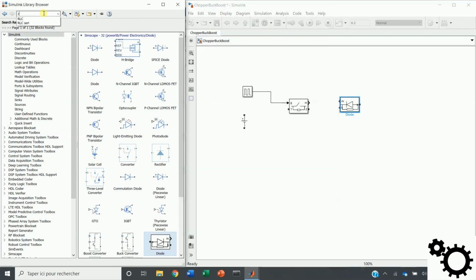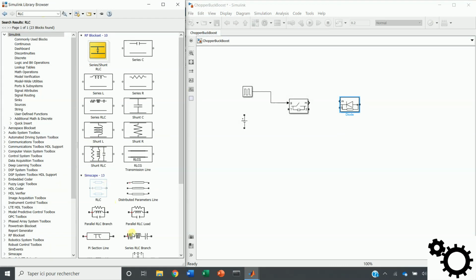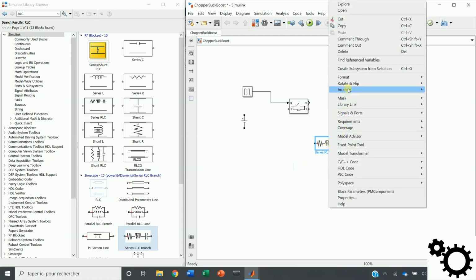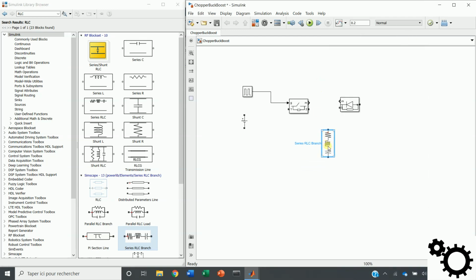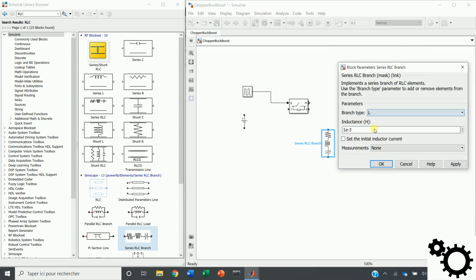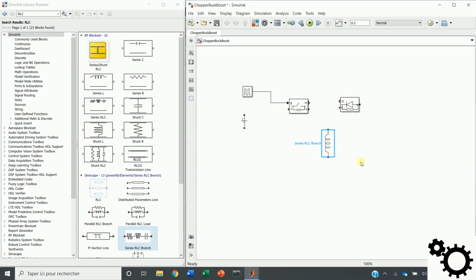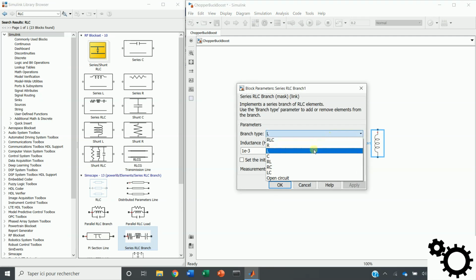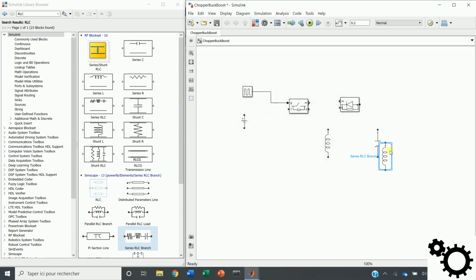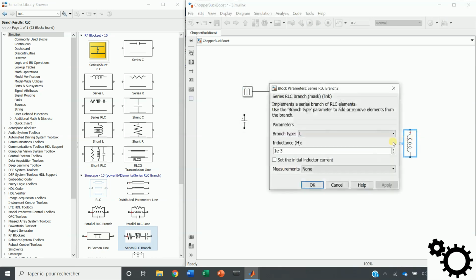Finally, we need an inductor, a capacitor, and a resistor. So first, the inductor, then the capacitor, and finally the resistor, which is the load.